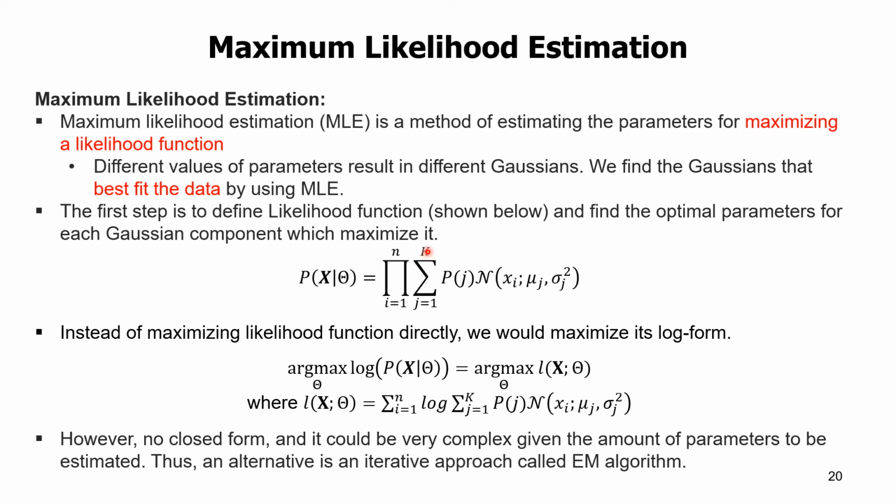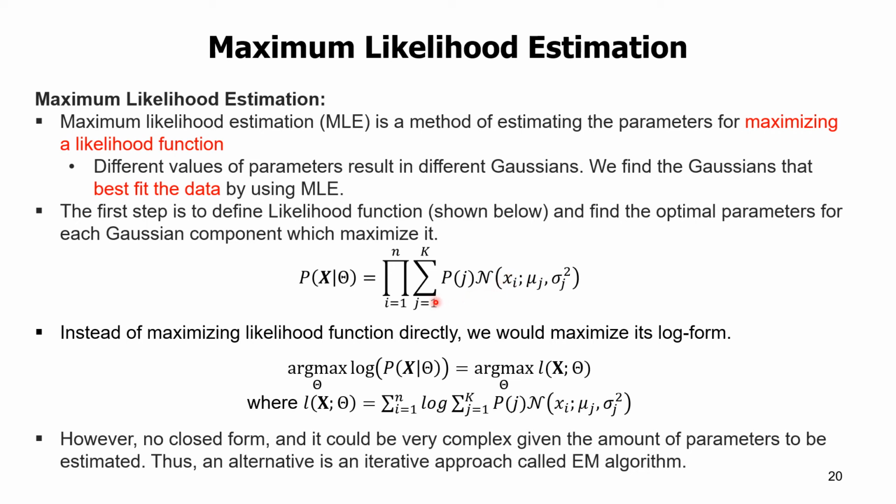So for each Gaussian, you compute this probability. Suppose j equals 1, then you pick p of 1, the first Gaussian, and this is the probability that xi is generated from Gaussian 1.